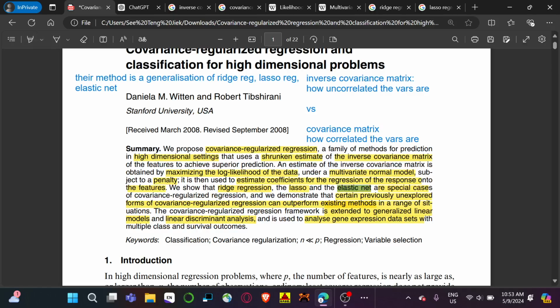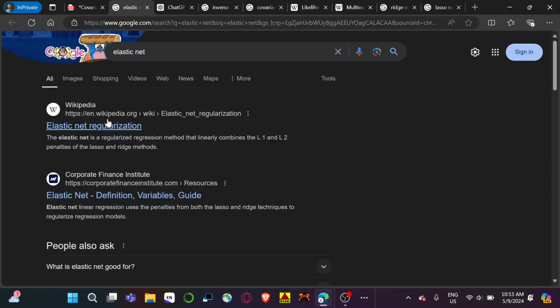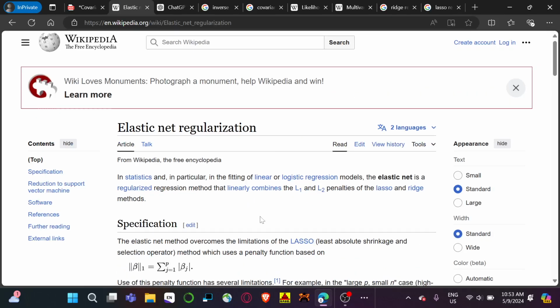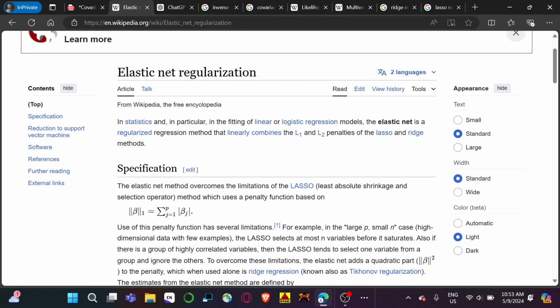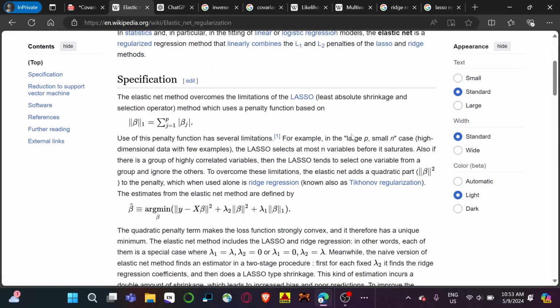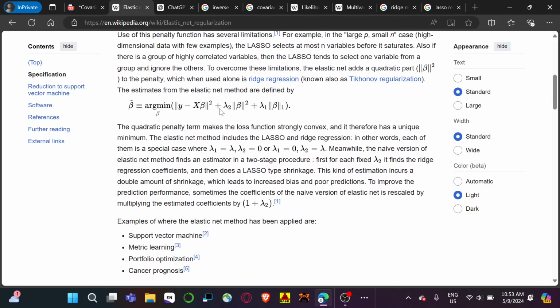But there's another one right here that I'm not too familiar with, and this is called elastic net regularization. Okay, Wikipedia says elastic net regularization is a linear combination of the L1 and L2 penalty terms. So let's see what it looks like. All right, it looks something like this. It's a linear combination, essentially. You have lambda 2 and lambda 1.